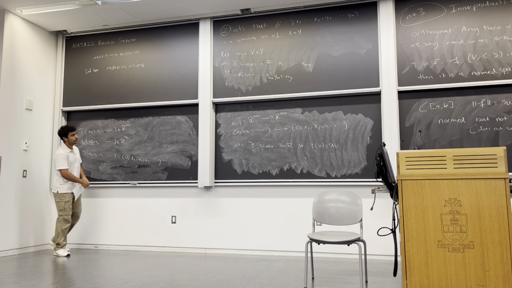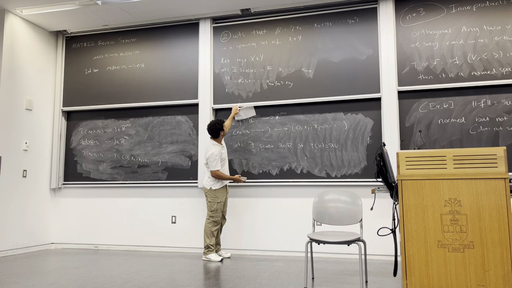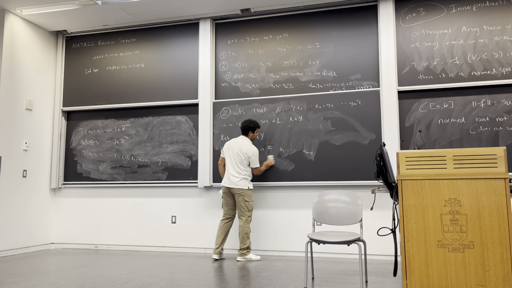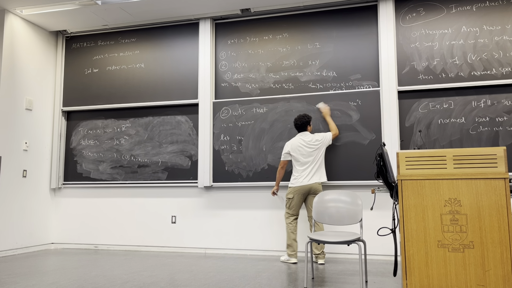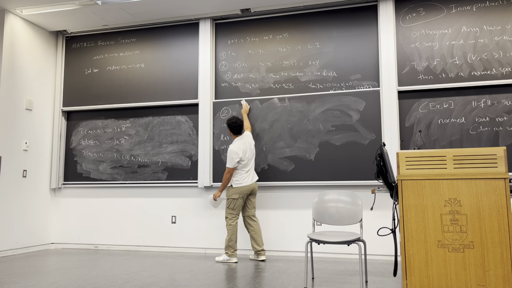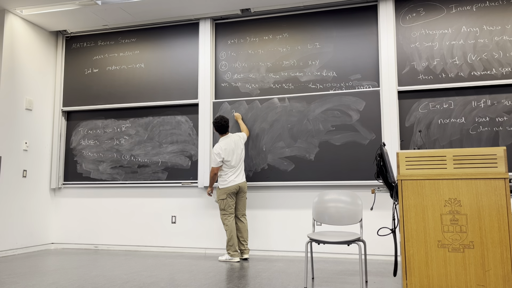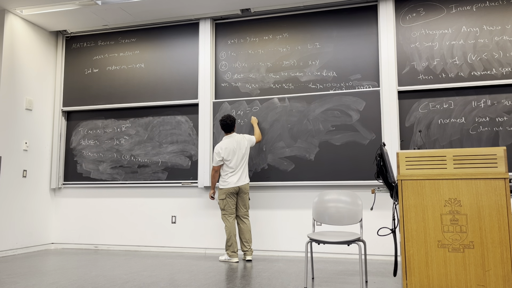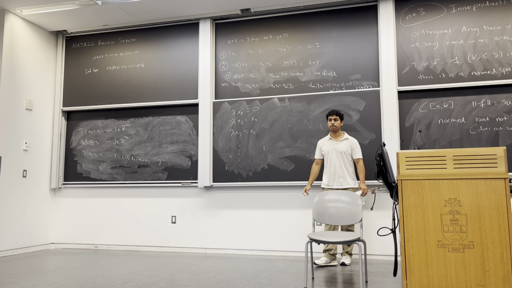So that means we have lambda x1 equals 0, lambda x2 equals x1, lambda x3 equals x2, and so on. Right?